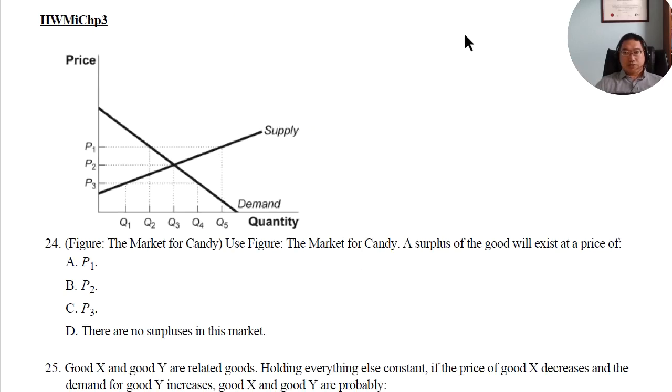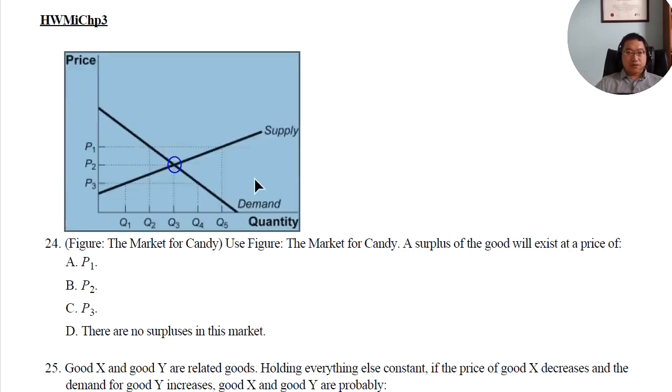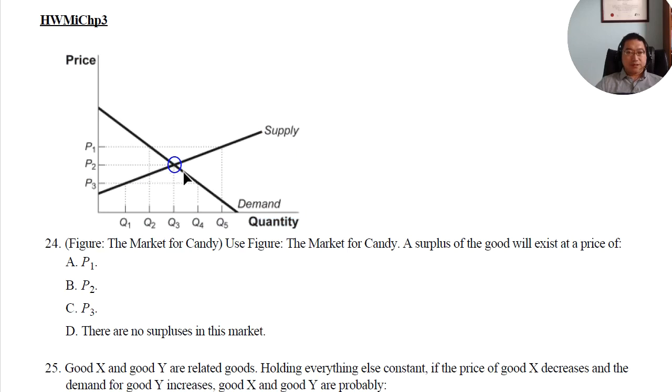Let's look at question 24. Now this is our figure. It's a market for candy. A surplus of goods will exist at a price of what? P1, P2, P3. If it is at the equilibrium, that is P2, then we have no surplus or shortage.